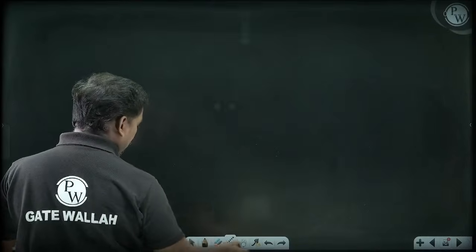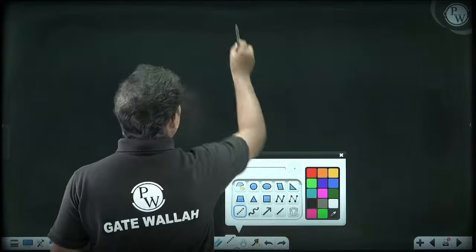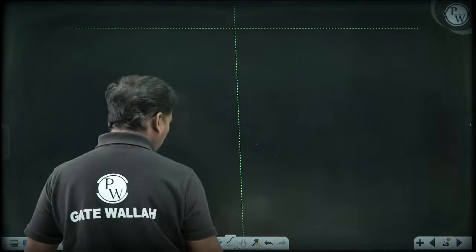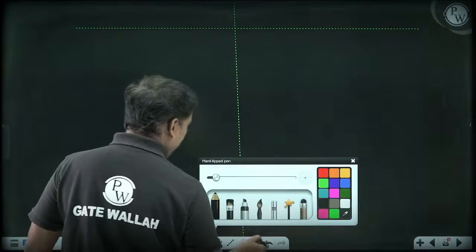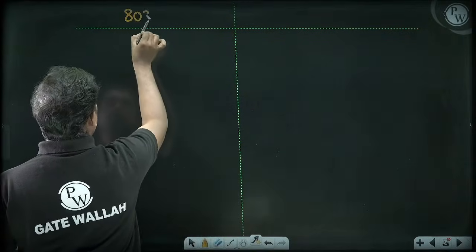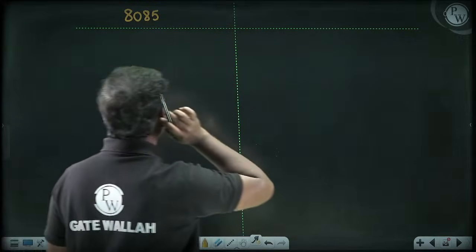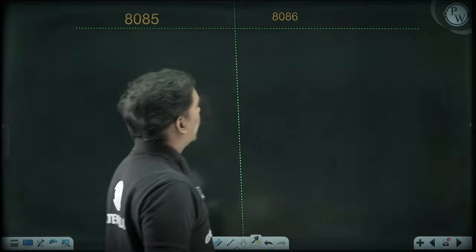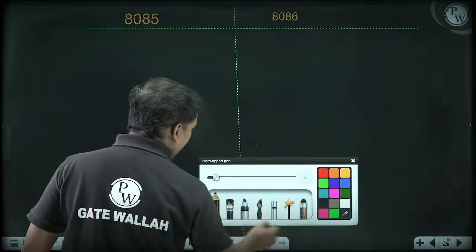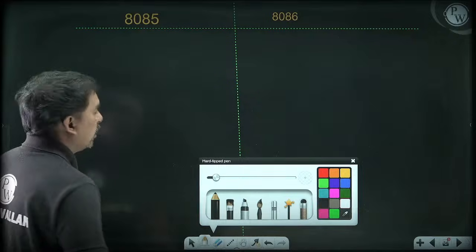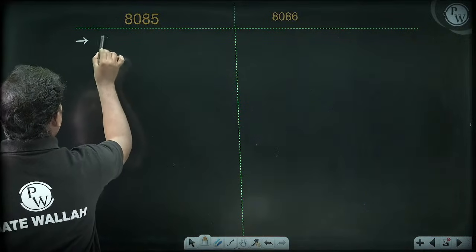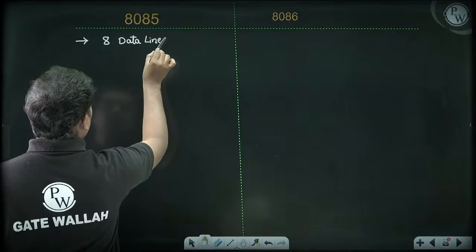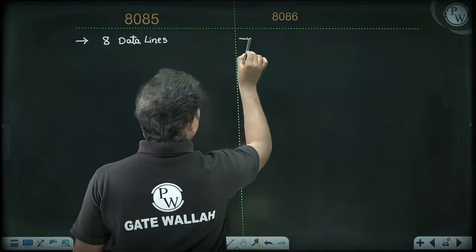So let me write 8085 and 8086. Okay, so if you see the fundamental differences between these two, in 8085 we're having 8 data lines, whereas here we're having 16 data lines.